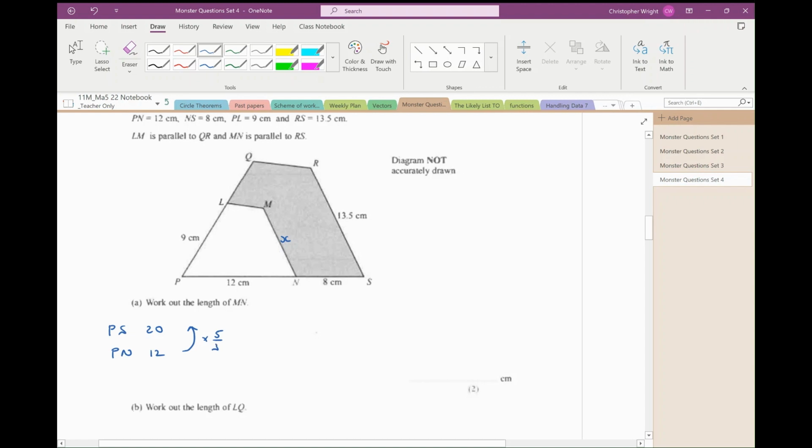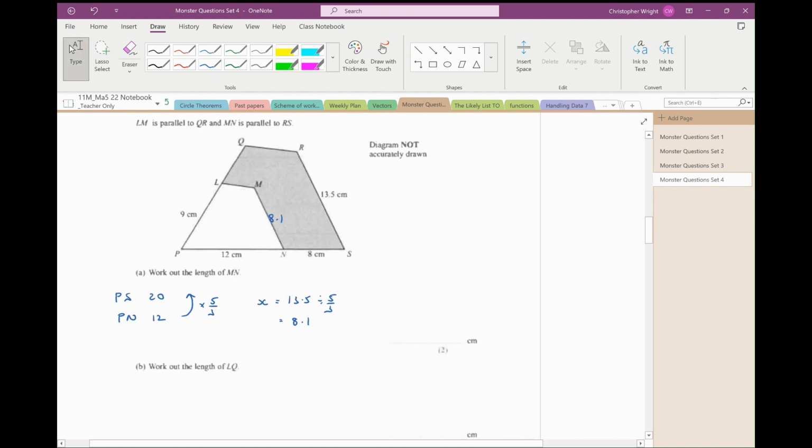Now I'm being asked to work out the length of x, which corresponds to the length of SR. So x is going to be SR divided by 5 over 3, because I'm going from larger to smaller. So 13.5 divided by 5 over 3 gives me 8.1. Good, so I can now label this one 8.1.